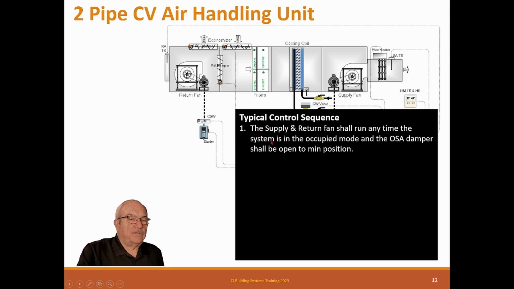So the typical sequence is the supply fan and return fan shall run any time the system is in the occupied mode, and the outside damper shall open to minimum position. So again, when we start this unit up, these fans shall run and this damper shall open to that minimum position to get the outside air in. Now, when you look at these systems, if this is a big air handling unit, this damper might leak enough for minimum outside air.